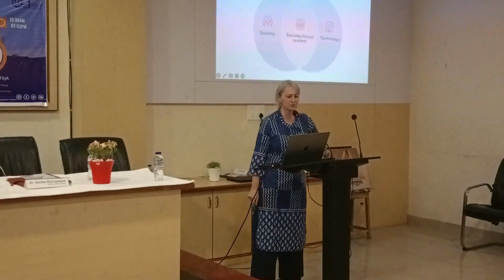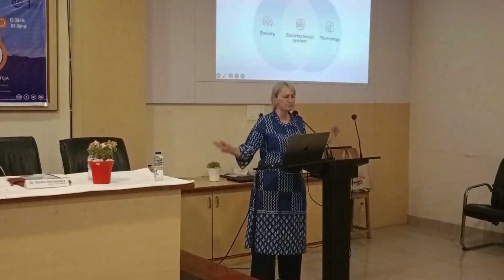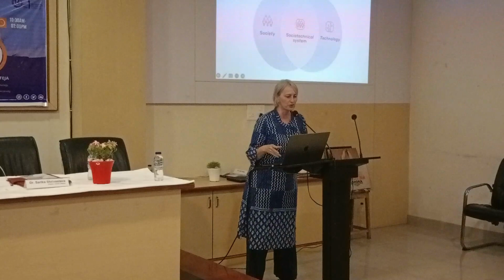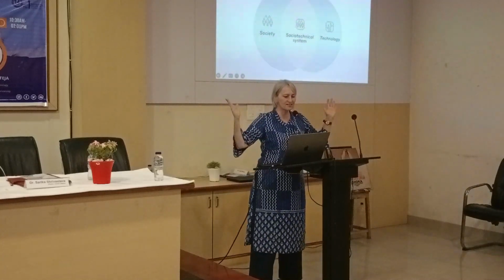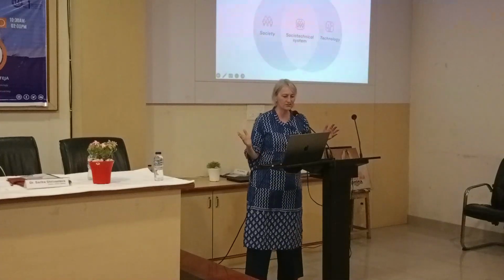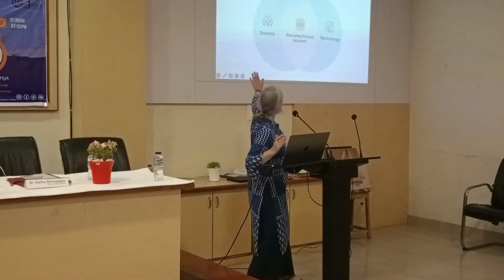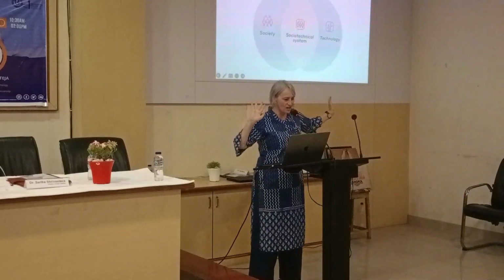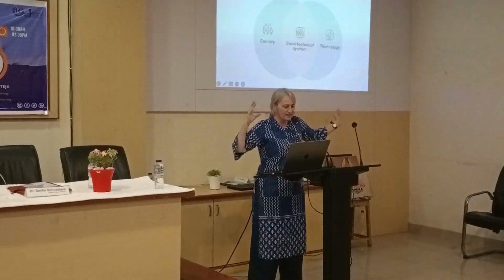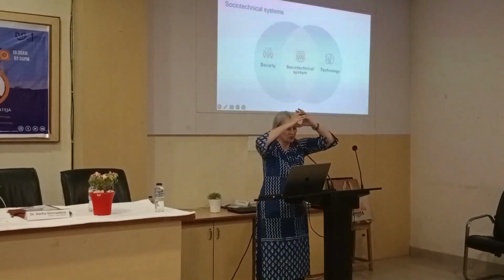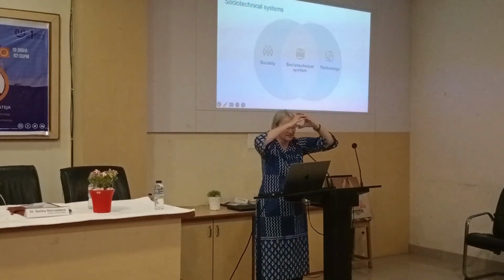In this diagram, you will see the basic lens that we look at the world through. It's called a socio-technical system. Society is on the left of the diagram and technology on the right. These two things interact, and you have this thing called a socio-technical system in the middle.